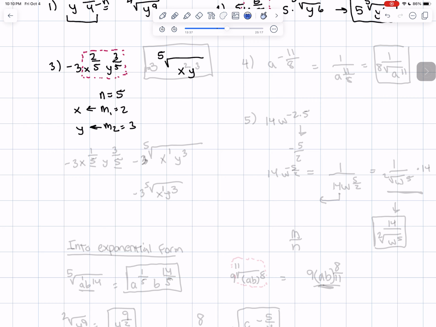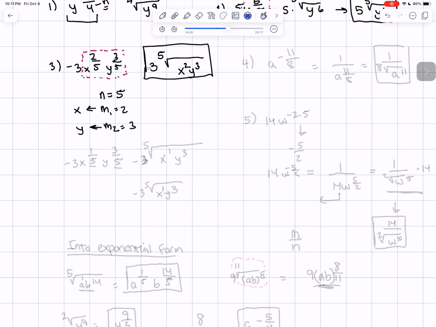The x has an m of 2, so it goes next to the x. And we have a 3 for y, so that goes next to the y. But now I need to incorporate the negative 3. Same thing as the last one, we just put it in front.